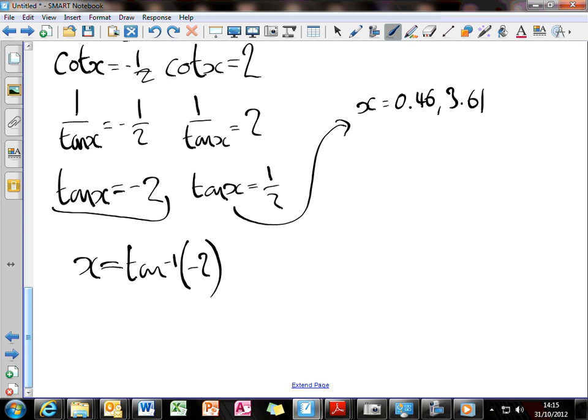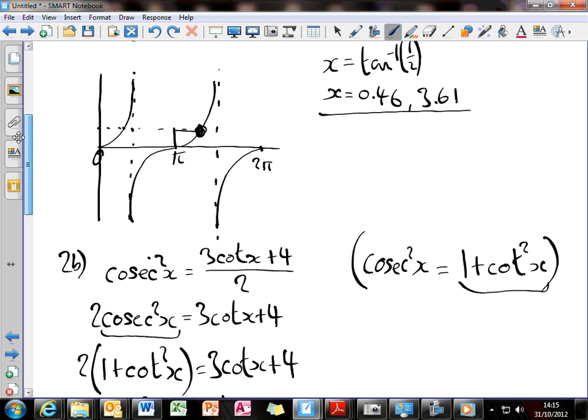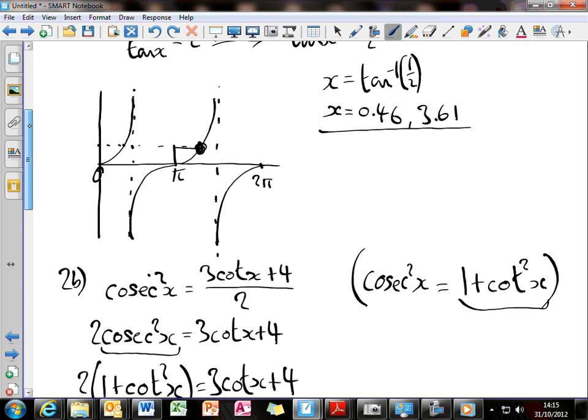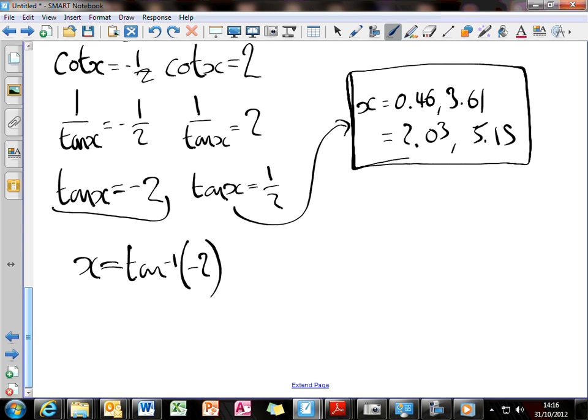Using the same argument, just whack it in your calculator, get one value, and then look at the curve to find the other value. You should get 2 more values of x, 2.03 and 5.18. Okay, so those are your solutions to the final part of the question.